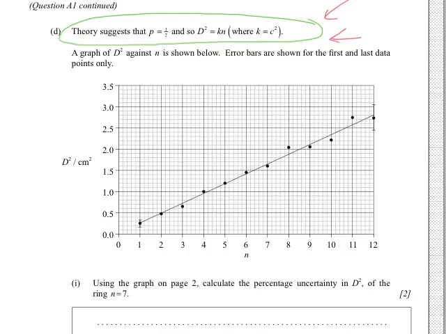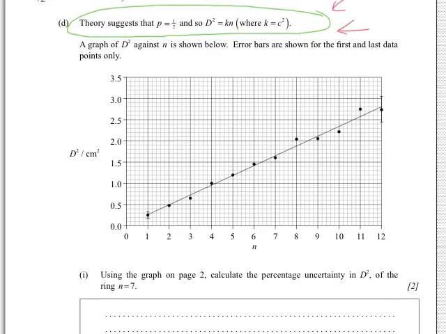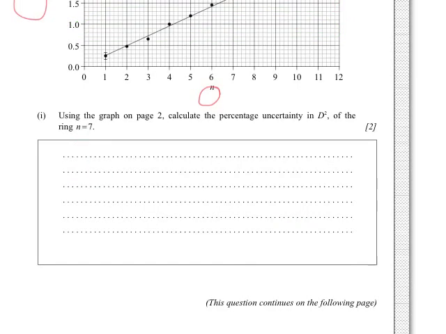If we have a look at this graph now, we have d squared against n. The first part: using the graph on page 2, calculate the percentage uncertainty in d squared of the ring n equals 7. Now it's impossible for me to scroll back to that, but if you find on the first graph your value for d when n equals 7, it was something like 1.26, but the uncertainty was plus or minus 0.08.